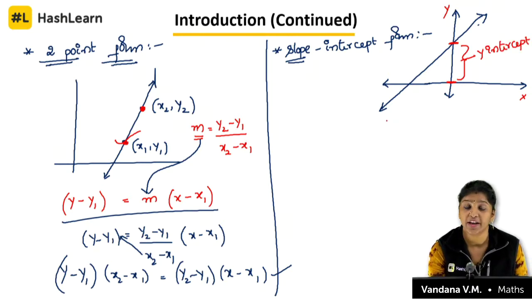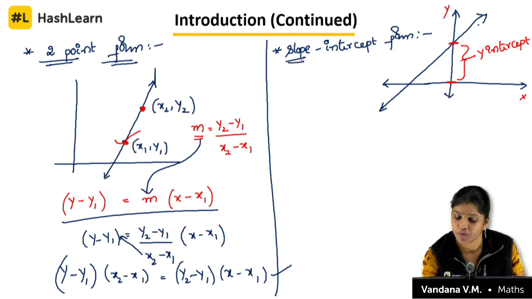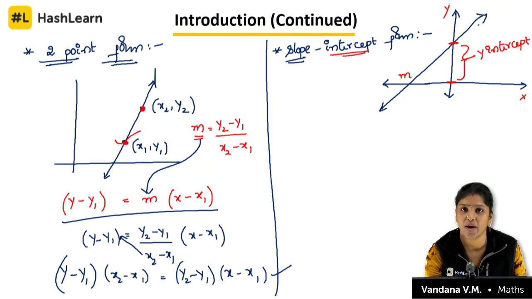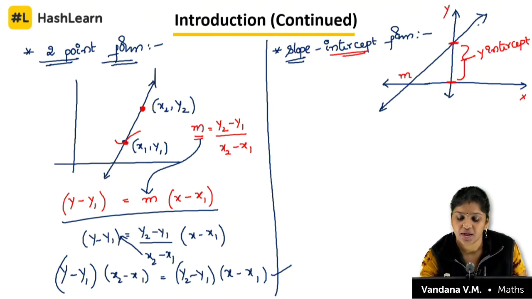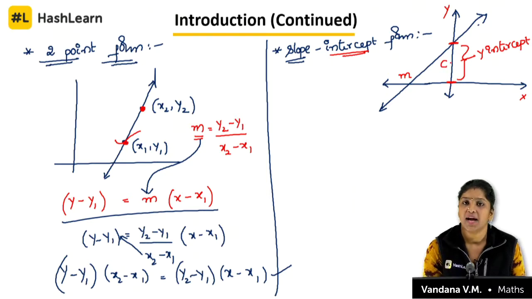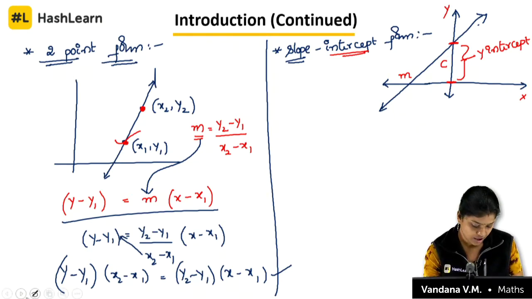So, what and all they have to provide to know the line equation? One is slope. So, take slope value as m and take one intercept, only one. So, let me take y-intercept as some distance, that is your wish. I am going to take c as the distance from the origin to the y-axis. Now, what will happen?